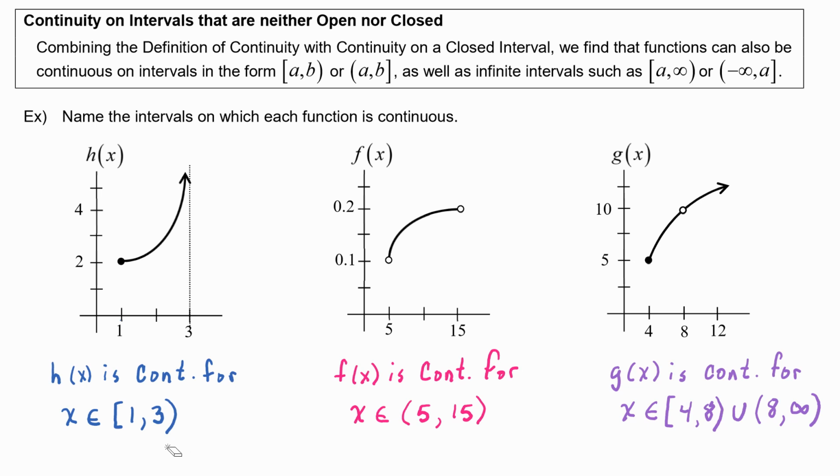Remember that when we're talking about where something is happening, we're always talking about the x values. That's why we're specific to say that x is on the interval from 1 to 3, where the 3 is not included. Where over here on this graph, on this piece of it, x started at 8, well, actually just after 8, right? Because x equals 8 is not included. And then the x value goes off to infinity.